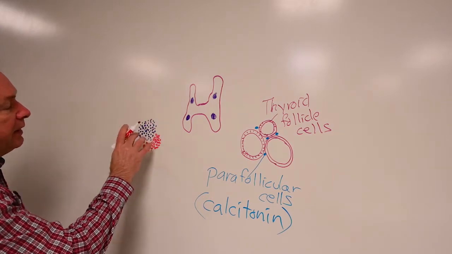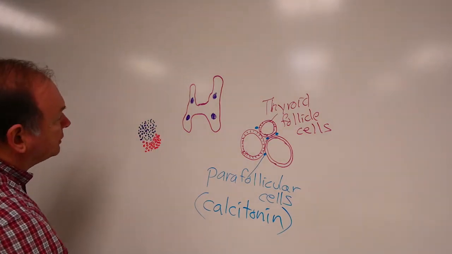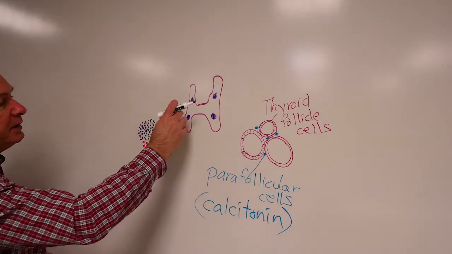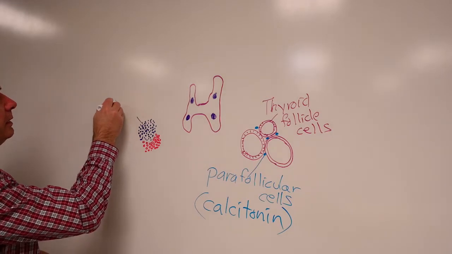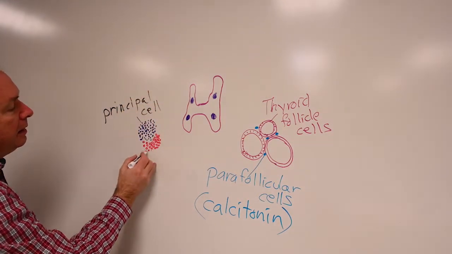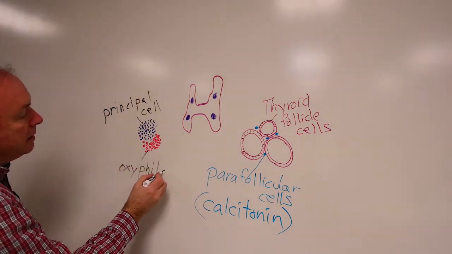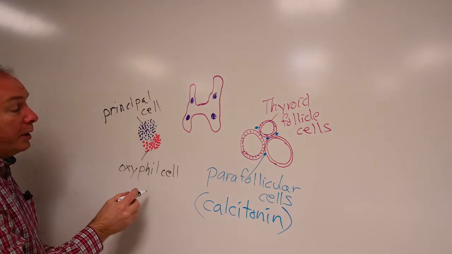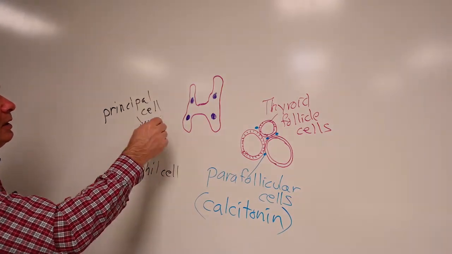You'll find different clumps of both types of cells, the principal cells and the oxyphil cells, mixed into that parathyroid gland. We're not sure of any role for the oxyphil cells, but the principal cell produces parathyroid hormone.